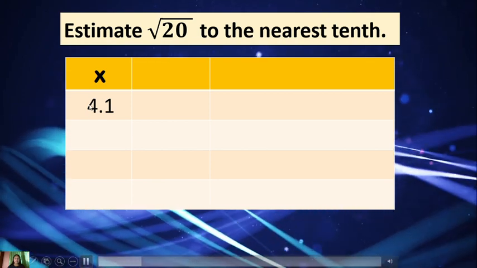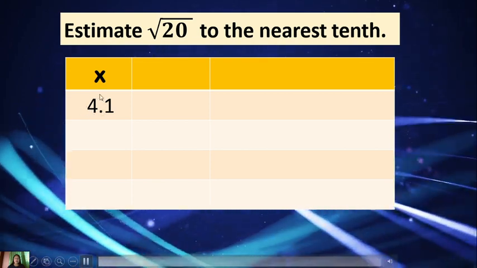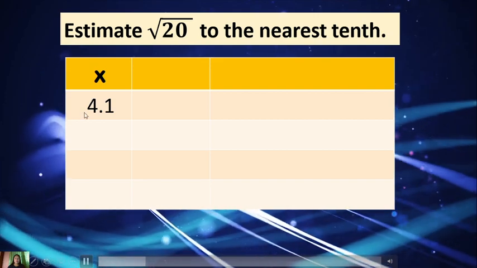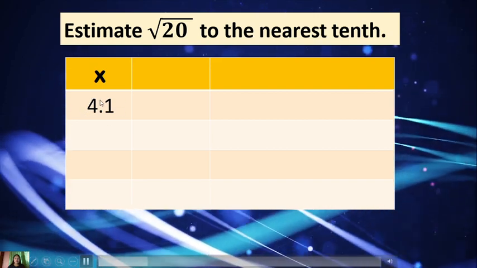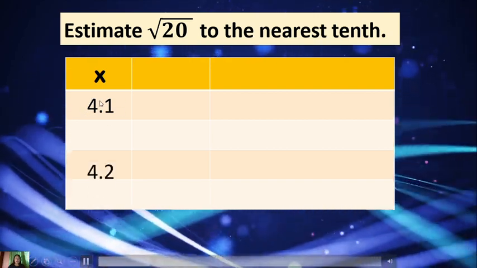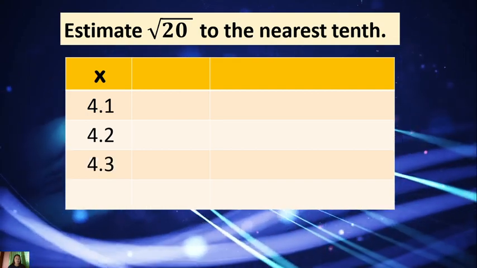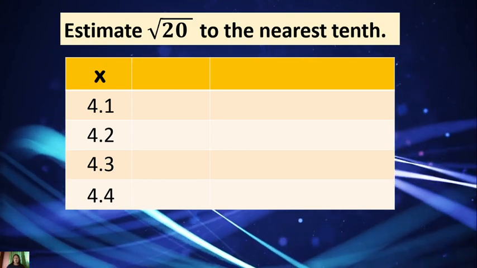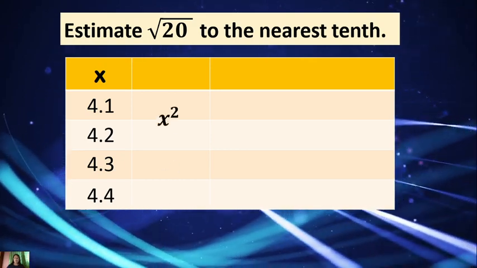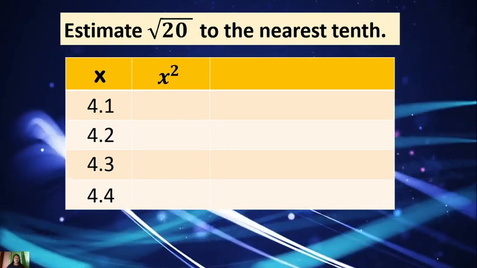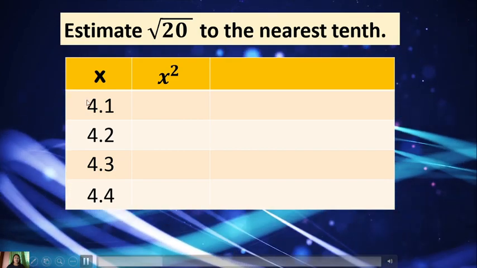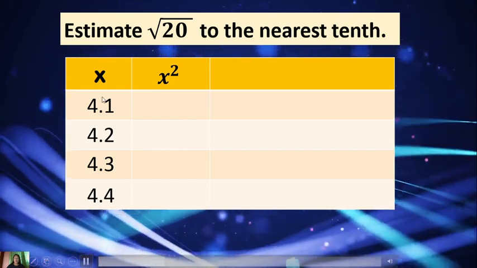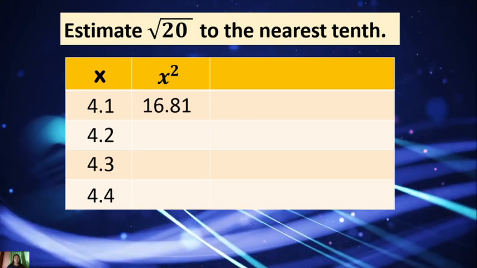You're going to take the lesser integer or the lesser principal root added by 0.1, 0.2, 0.3, 0.4. And then on the second column, you square the midway. You square x. 4.1 squared is 16.81.